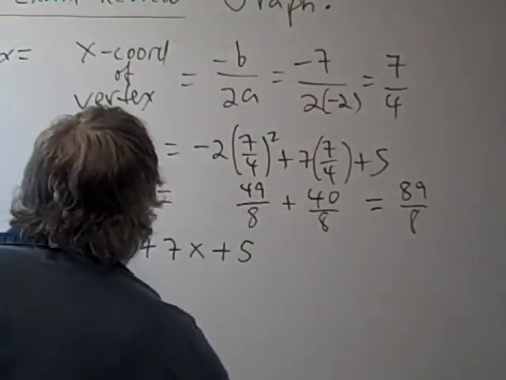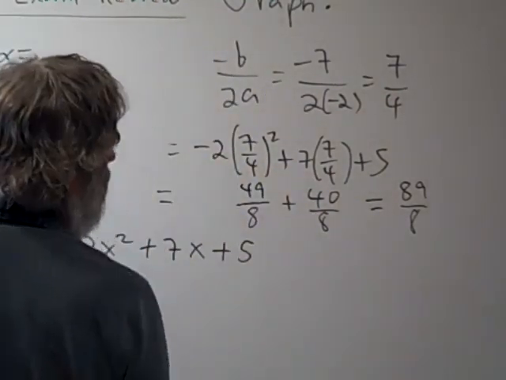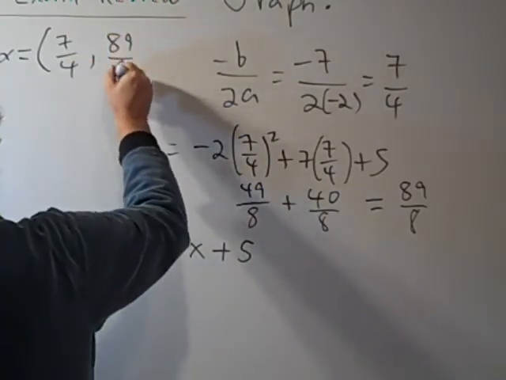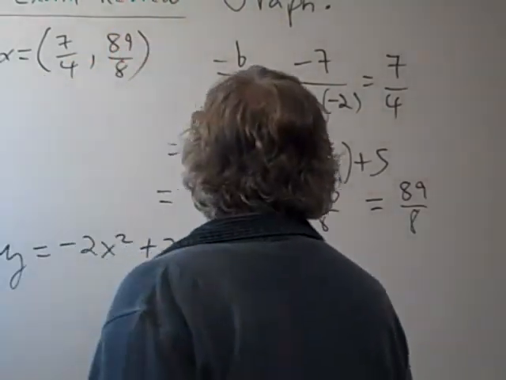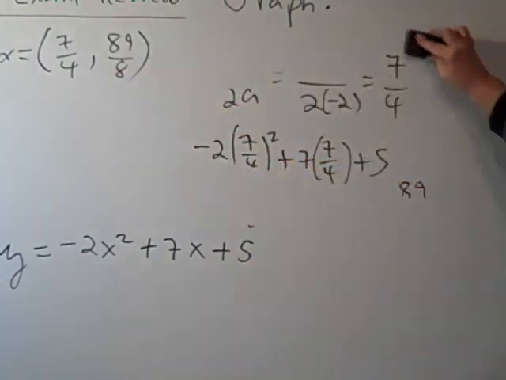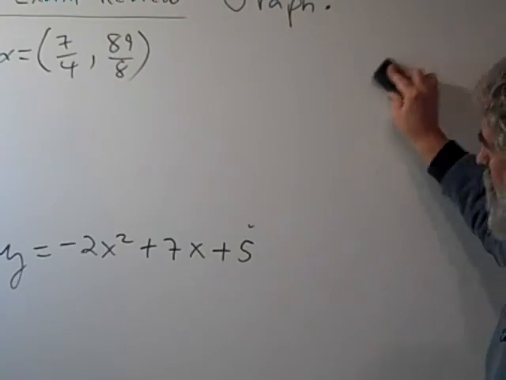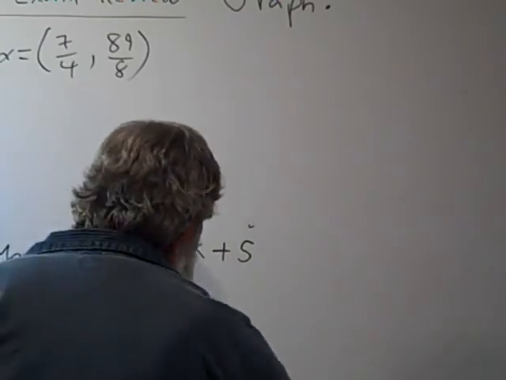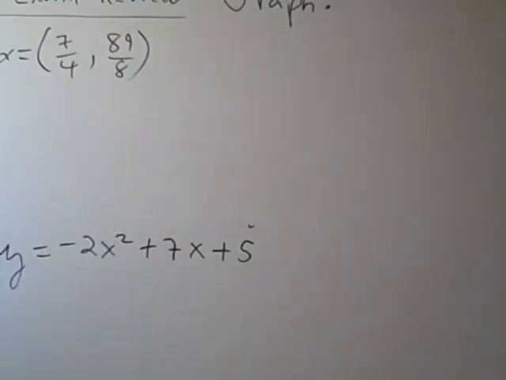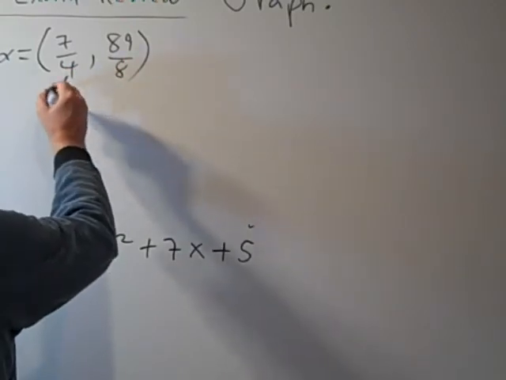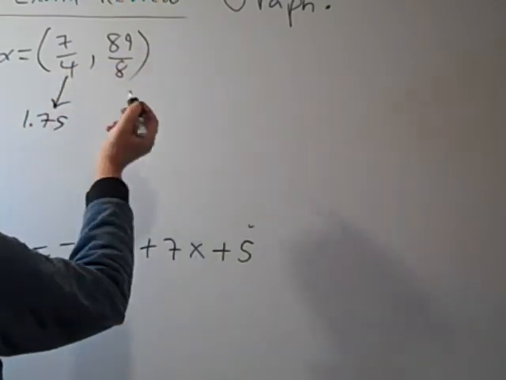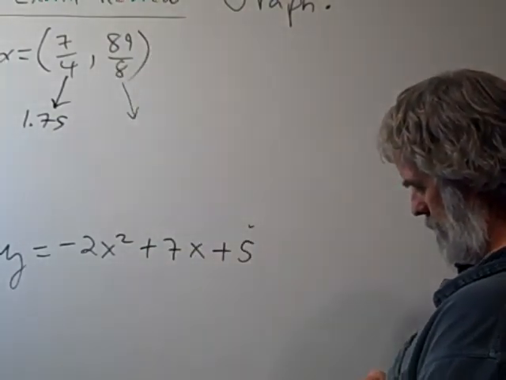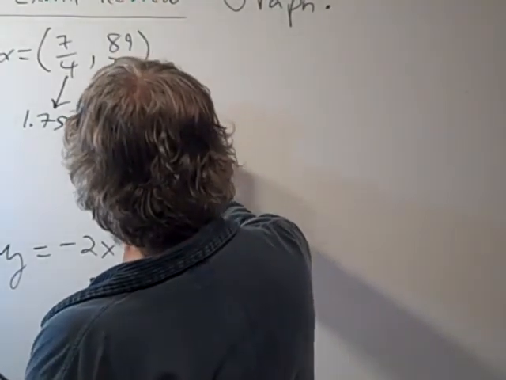And the vertex then is the point 7/4 comma 89/8. Numerically, 7/4 is exactly 1.75, and 89/8 is 11.125.